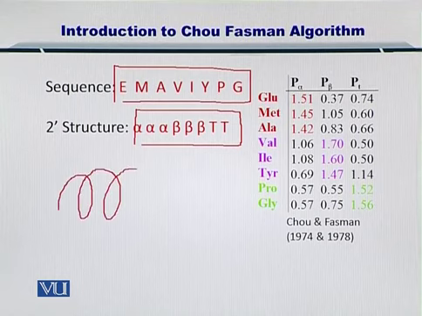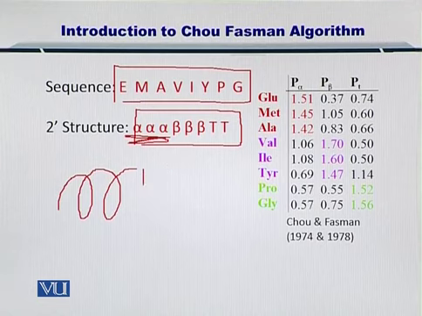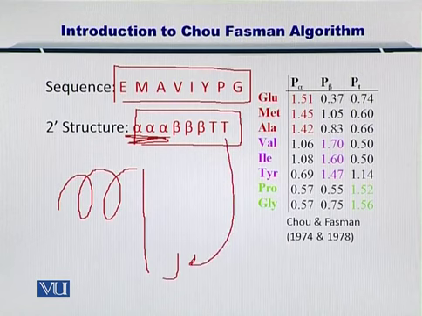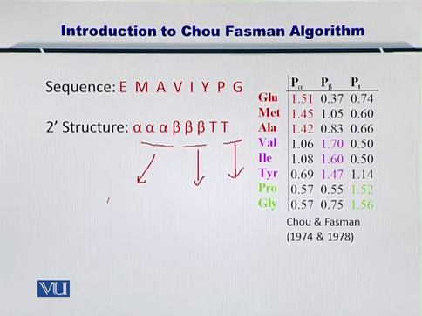You have a certain portion coming in from the alpha helix, and then you have some beta sheet, and then there is a turn. And then you have a beta sheet followed by a turn as shown here for the turn, and for the beta sheet, this portion. Now if this protein was to be drawn, you would see 3 amino acids as part of an alpha helix, 3 amino acids as part of a beta sheet, and 2 amino acids as part of a turn.